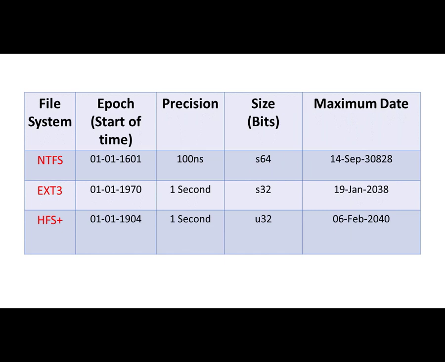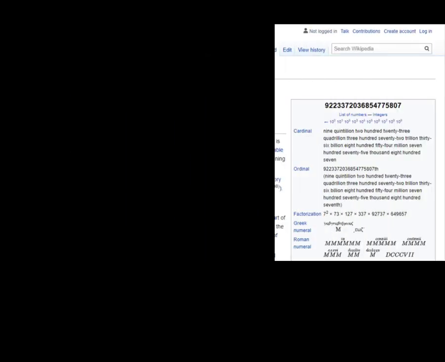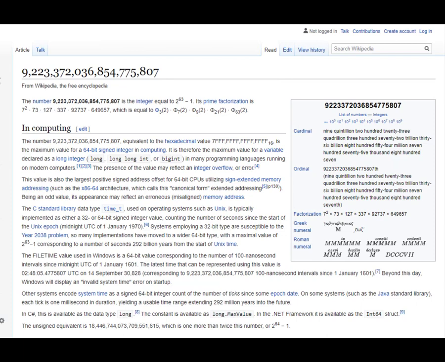Now let's move on and look at examples of three file systems to expand on this idea of absolute time. We already looked at NTFS. NTFS stores time as a signed 64-bit integer. In a signed 64-bit integer, the largest value you can represent is this. So this number is 9 quintillion, 223 quadrillion, and so on.